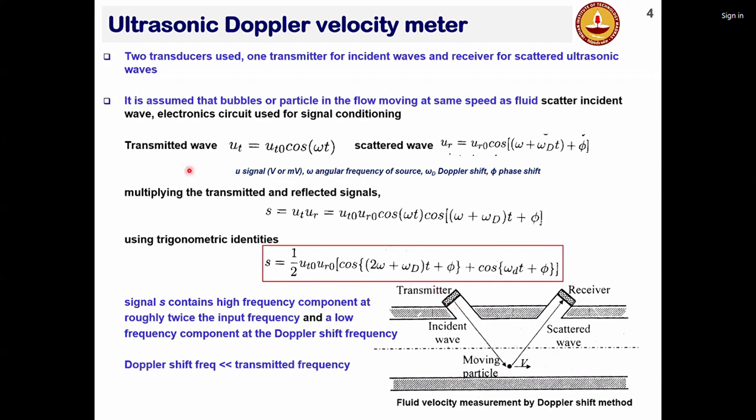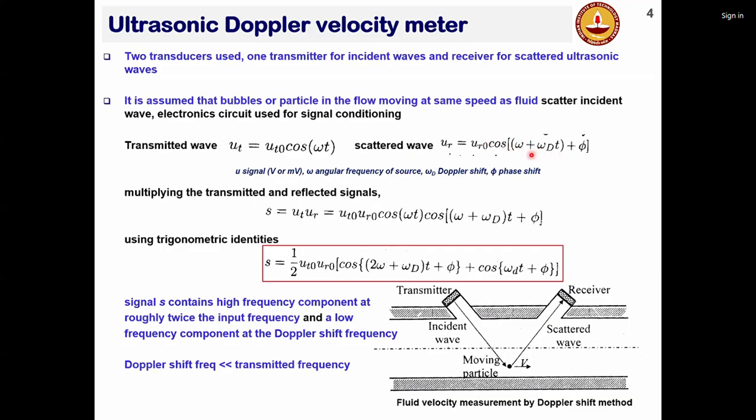So we said that the transmitted wave can be represented by an amplitude and an oscillatory component, which is given as cos omega t, omega being the frequency of the incoming signal. And the scattered wave would typically have a frequency shift. Of course, it will have an amplitude.